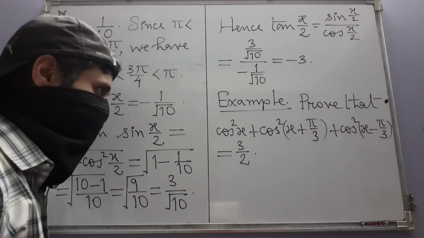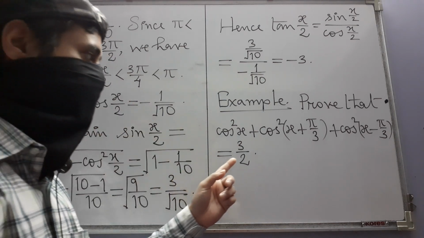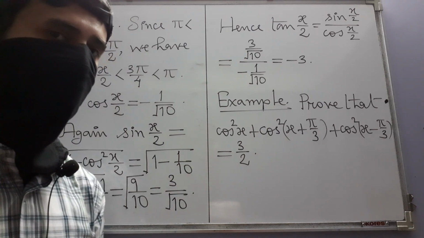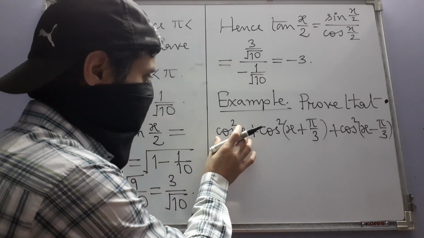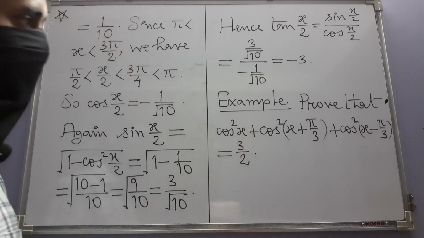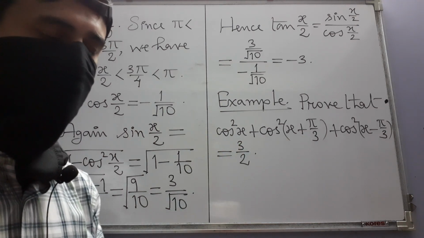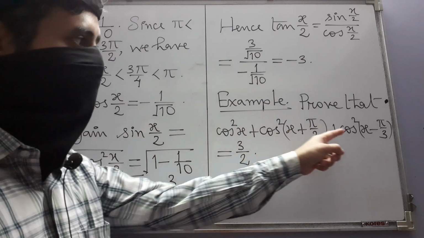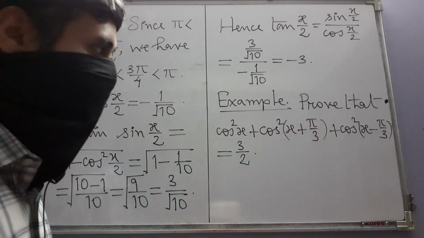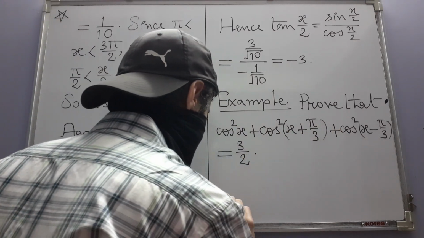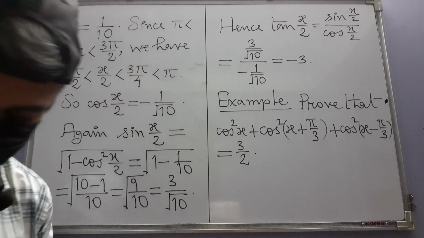Here also we are going to use the double angle formula. In place of cos square x, for example, we are going to write 1/2 of 1 plus cos 2x. And the similar thing we are also going to do with the other two cos squares. Let me start it there.